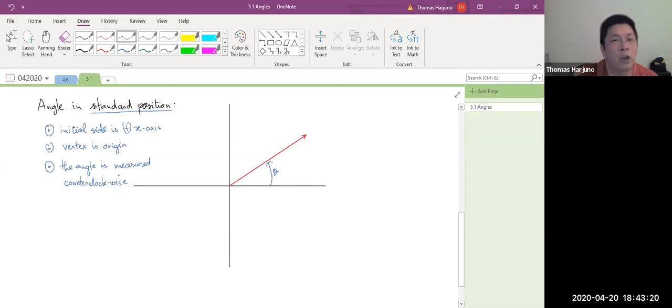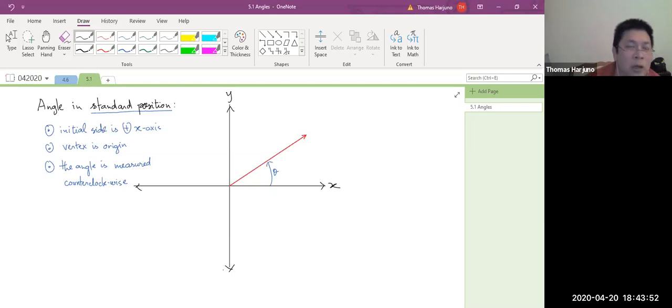Now in trigonometry, unless otherwise mentioned, the angle will be given in standard position. So if nothing else is said, and I say angle 30 degrees, there's no need for us to ask whether it is from the positive x-axis or negative y-axis, whether it is clockwise or counterclockwise, or where the vertex is.